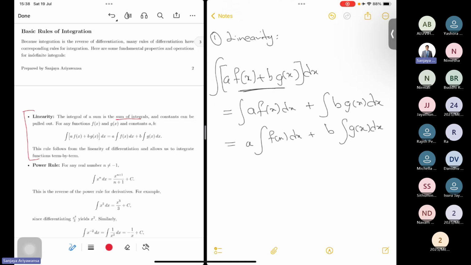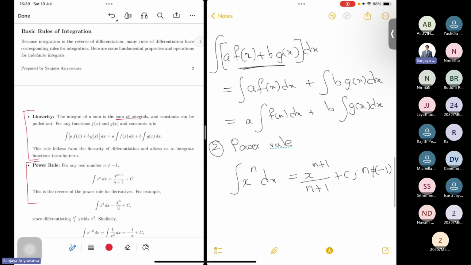Then I have something called the power rule. That's the second one. What does the power rule tell me? If I have a function x to the power n and I want to integrate it with respect to dx, what I would get is x to the power n plus 1 divided by n plus 1 plus c, but there's a condition: n can't be equal to minus 1.